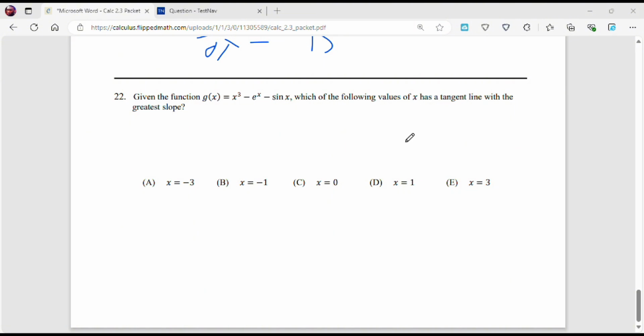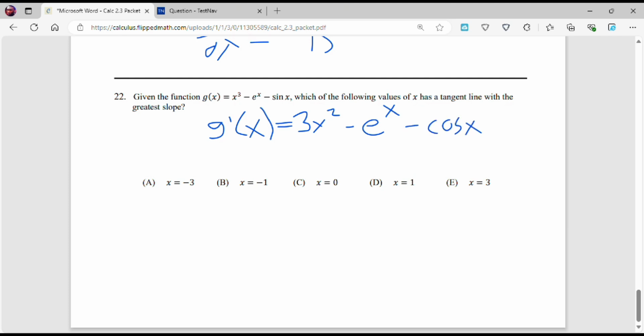What is this question asking us? Well, when we find the derivative of this, which you don't need to actually solve for because we're going to use a calculator, but I'm going to show you the derivative anyway.